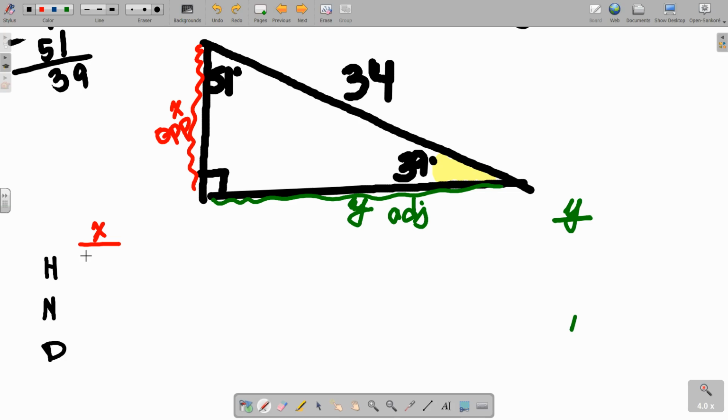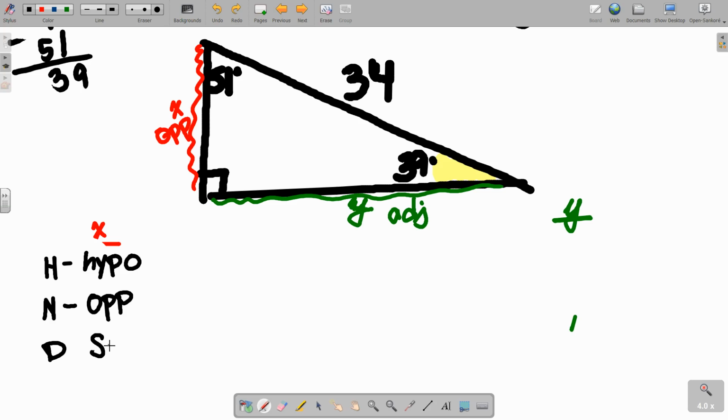Solving for X, we have the opposite. Excuse me, we don't have the opposite. We have the hypo. And we want the opposite. I have an OH combo, so of course I'm going to use sine.